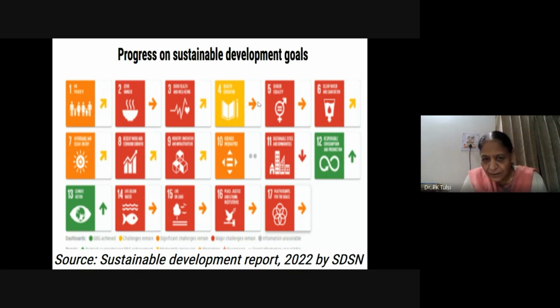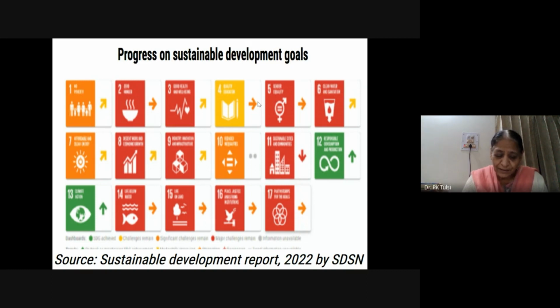And it is also said, when it comes to reducing inequality within and among countries, the inequality has further risen on account of the pandemic. And there has been a lot of migration taking place, and it is said that 5,895 migrants lost their lives in 2021.